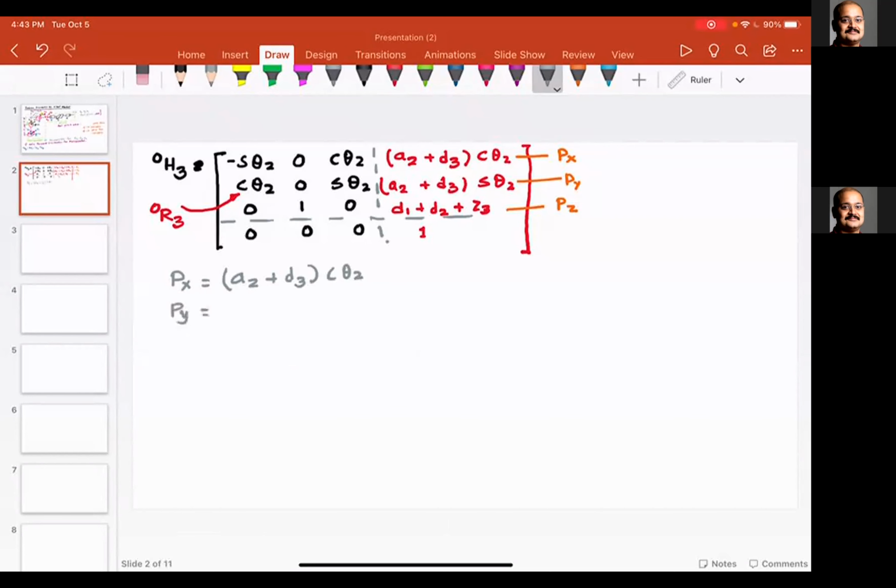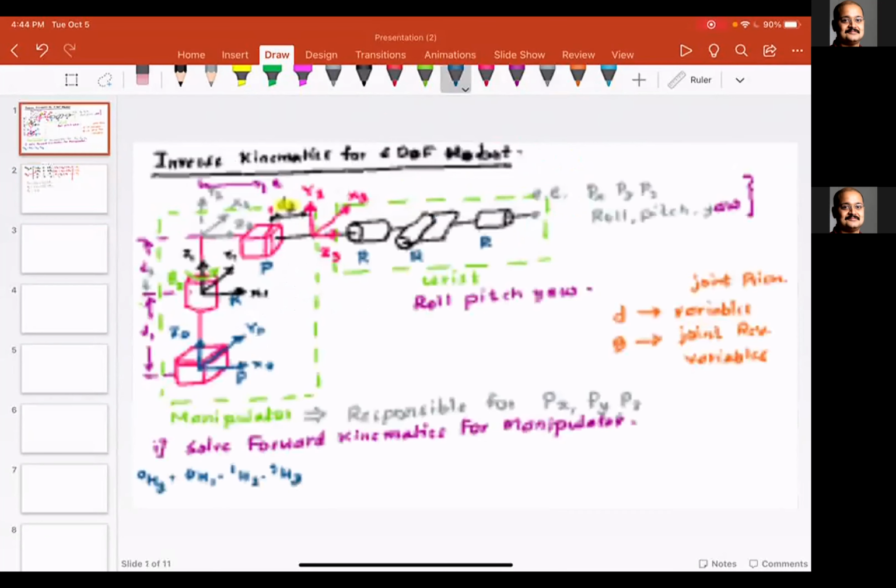Py is equal to a2 plus d3 sine theta 2, and pz is d1 plus d3.